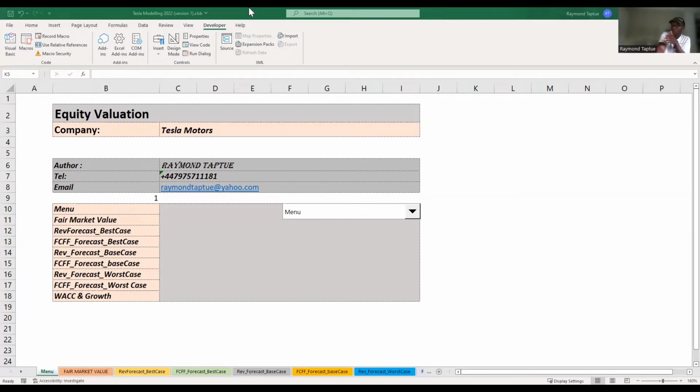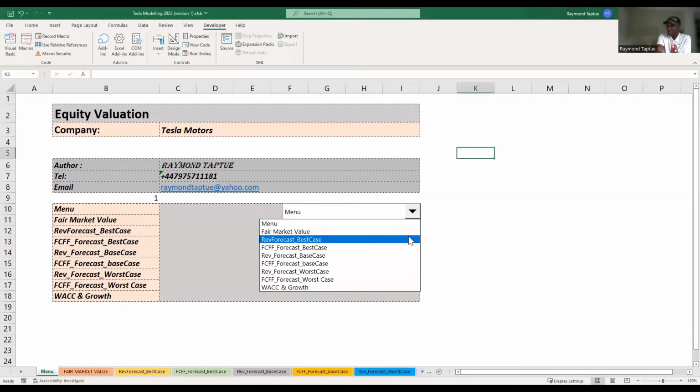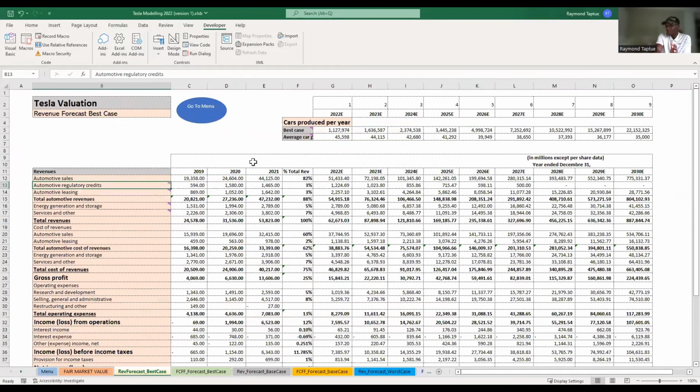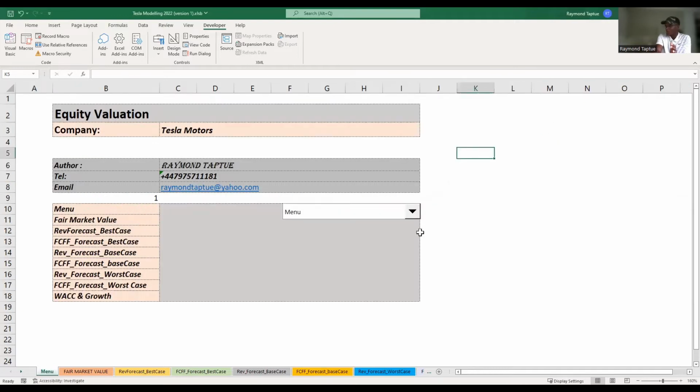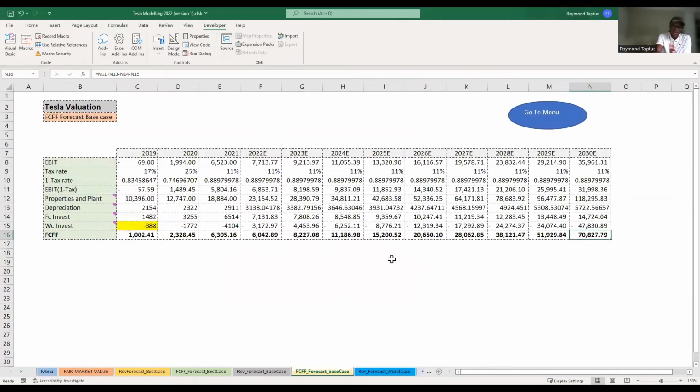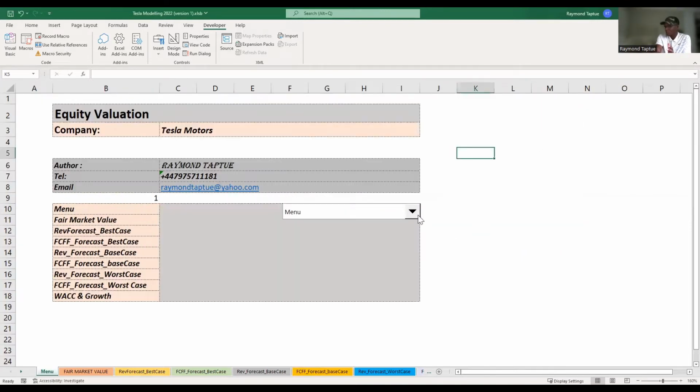First of all, it is important to present the model that I built. As you can see, it's a very dynamic model that helps you to flow nicely to different tabs of your worksheet. It requires a basic level of Excel coding, okay? Because we are using the free cash flow to firm, we have our key variables that we need to forecast.